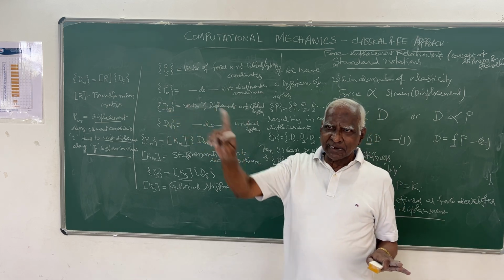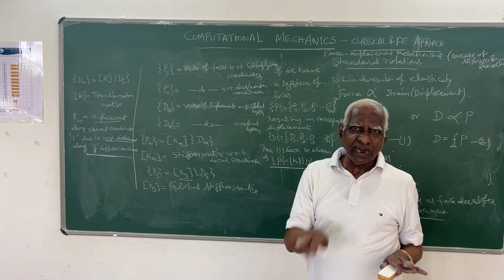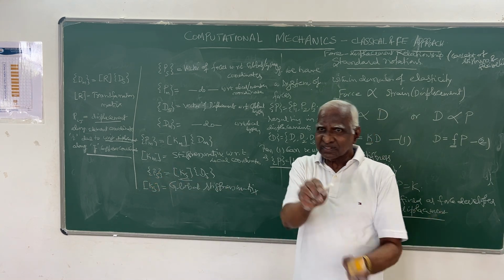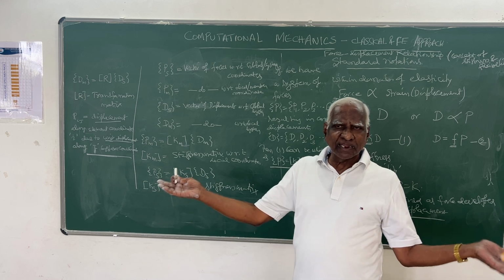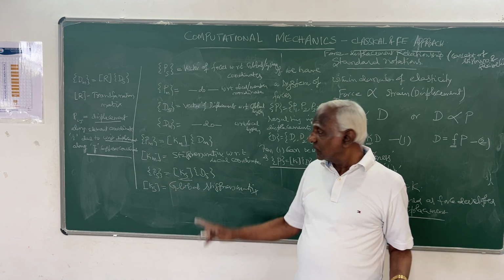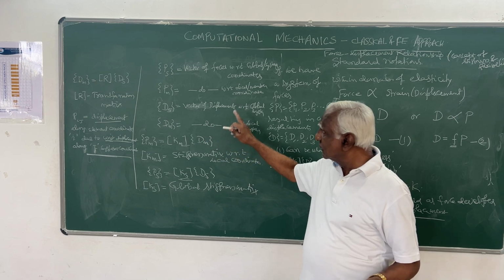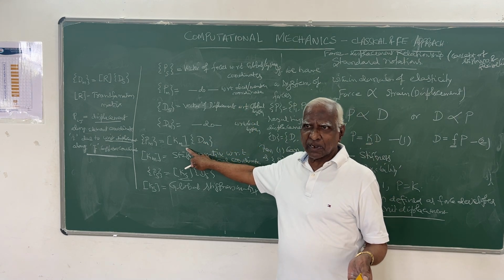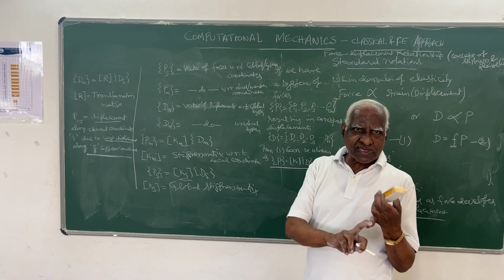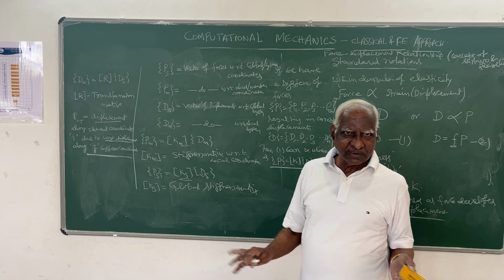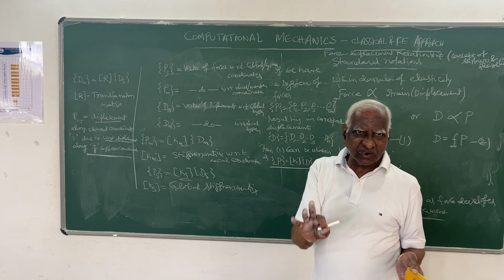So if I develop for truss and beam, for plane frame you add the two with that degrees of freedom. That's all. Within 10 minutes I can develop the member stiffness matrix of truss and the plane frame element. It takes just 5 or 10 minutes.